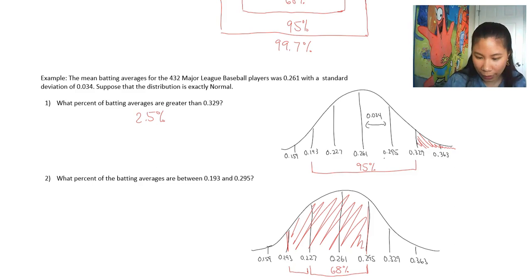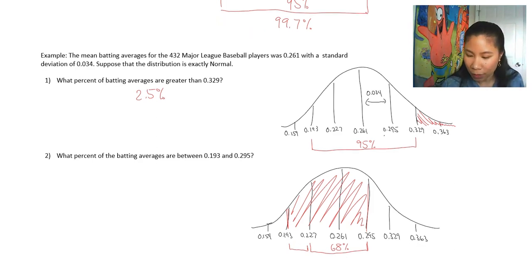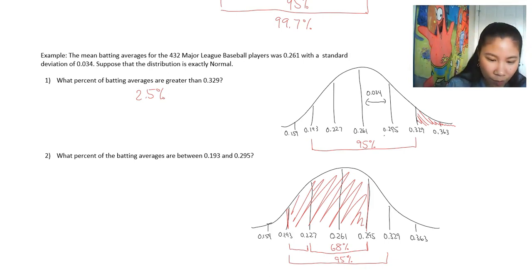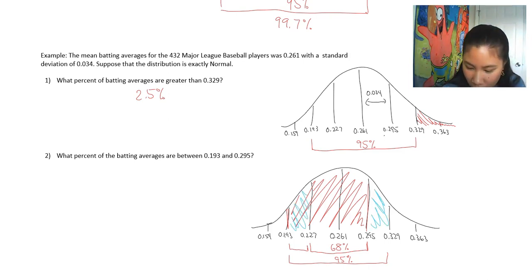So we can try to figure that out by looking at, let's see, I know 2 standard deviations away, because the 0.193 is 2 standard deviations away, it's supposed to be 95%, but I already know that the middle portion is supposed to be 68. So if I subtract the 68 from the 95, that'll give me the areas that are here. This part and this part.